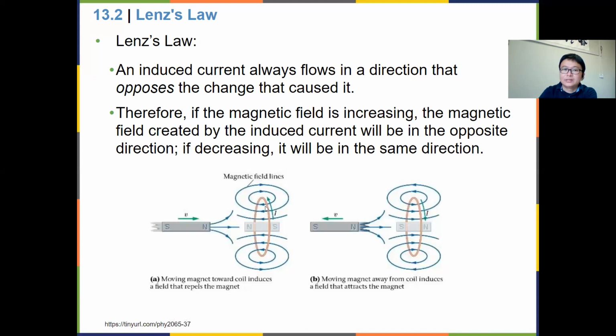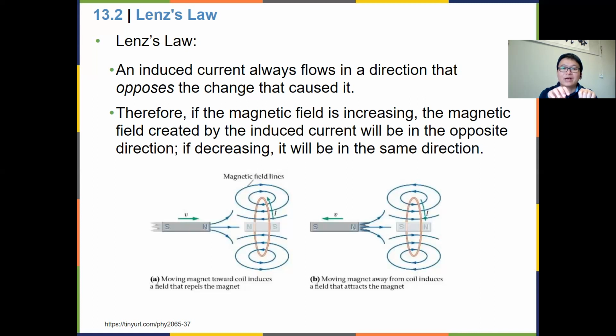Because you are approaching, the field it induces should oppose the change. If you approach a bar magnet close to the coil, the magnetic field is getting stronger, and the coil will feel a stronger and stronger field.